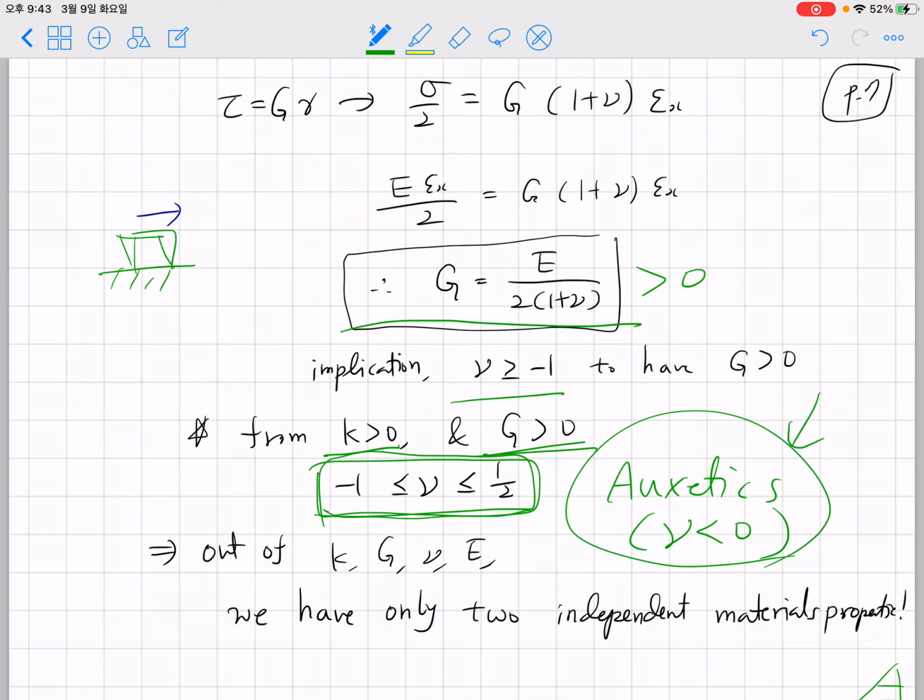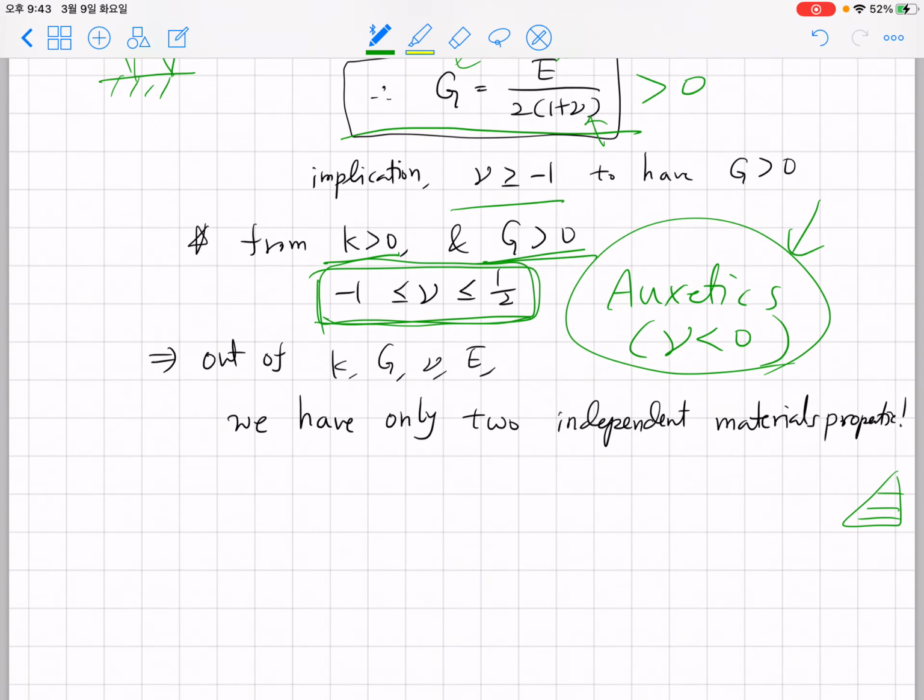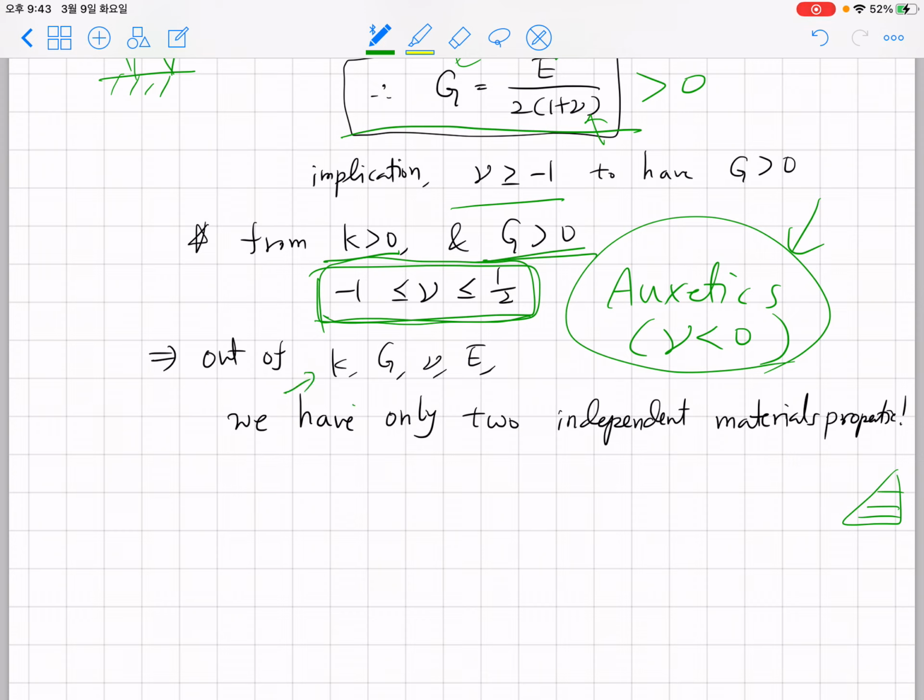Okay, so anyway, we made a connection between shear modulus, Young's modulus and Poisson ratio in this video. So we made the connection between K, G, nu and E, and there are two equations connecting these four constants. So out of four elastic constants, we're gonna have only two independent material properties.